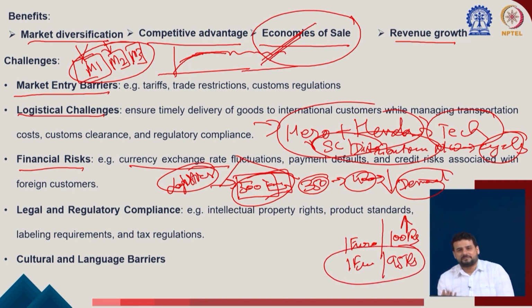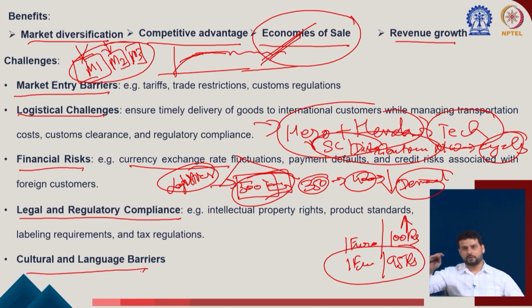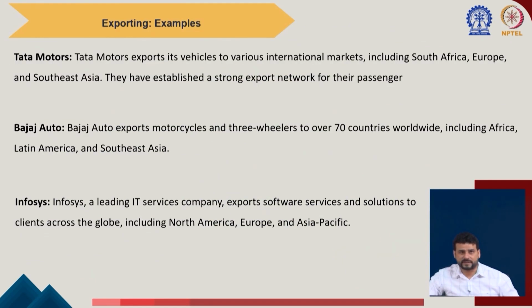So, you need to take care of the currency exchange rate as well. Then legal and regulatory compliance, such as intellectual property rights: who holds the intellectual property rights, you need to take care of that too. And obviously cultural and language barriers are there when you go overseas, which you can avoid by using local indirect exporting, where you include more players, maybe local courier partners who do delivery on your behalf, right.